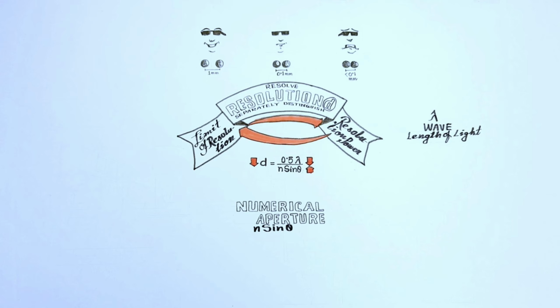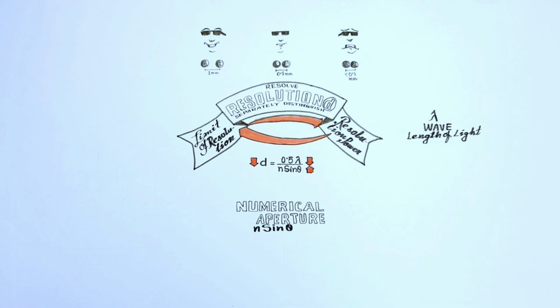Now, before going into the details of the equation, let me remind you about the purpose of this video. It is to make a clear understanding of resolution and how resolution power is related to the numerical aperture number of the objective lens. And by doing so, we will also try to learn how resolution power of an objective lens can be increased. So far, we know that as d, or limit of resolution, becomes smaller, resolution power of the lens will increase. Looking at the equation in mathematical terms, to achieve higher resolution power, that is a lesser limit of resolution, the numerator of the equation, or 0.5 lambda, should be lesser in value, and the denominator, or n sin theta, should be as high in value as possible.